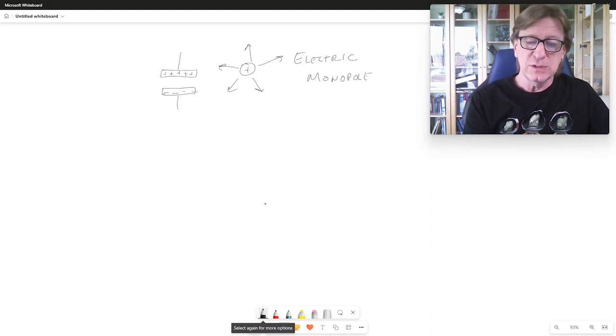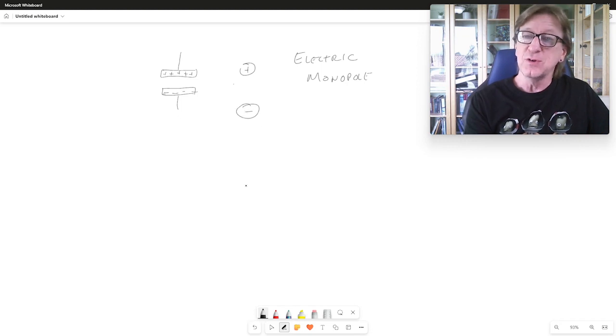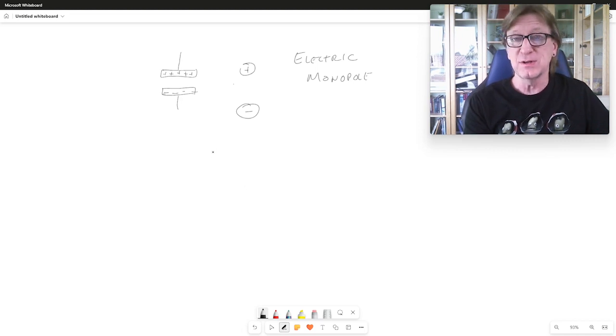Now, when we put two of these together, let me erase some of my field lines here. Let's say that we took a positive and a negative charge. Do you remember what that would look like? What do the field lines look like there? Remind yourself, because using Faraday's laws is actually very important. So the electric field went from positive to negative. And so if I had anything over here, then it would land like this.